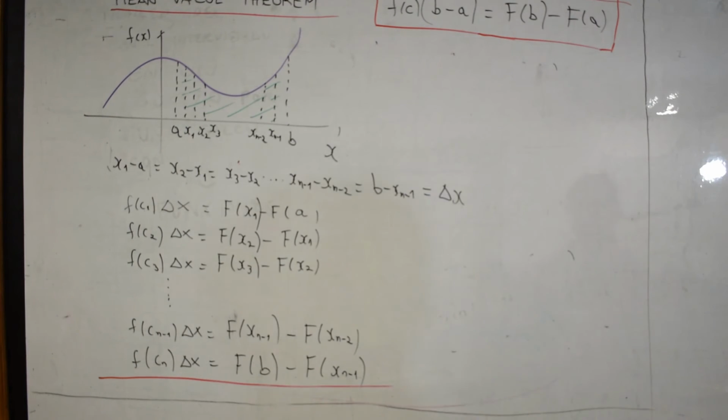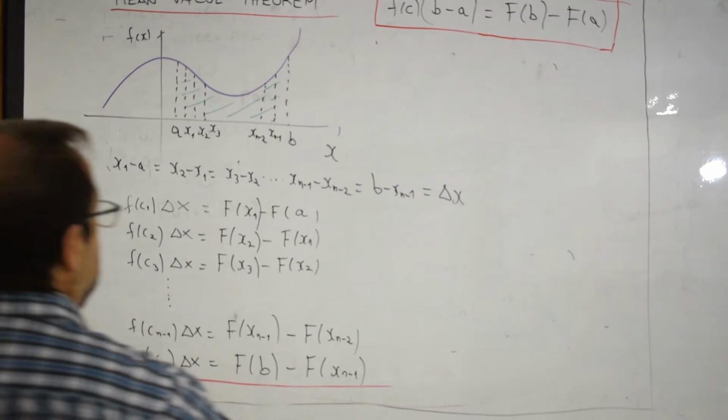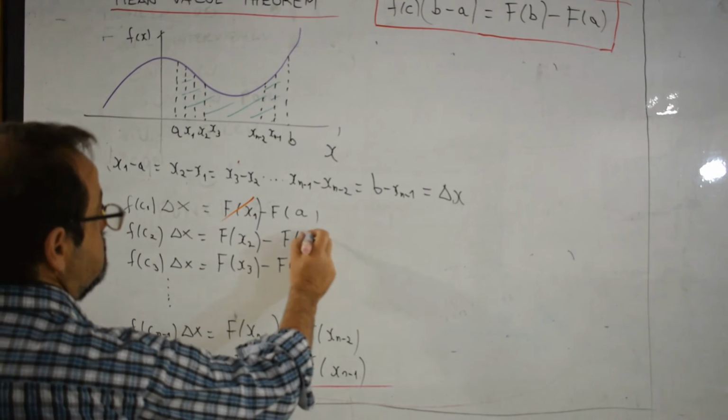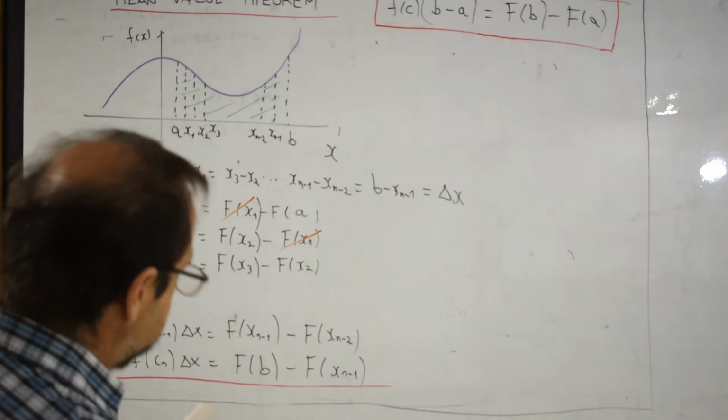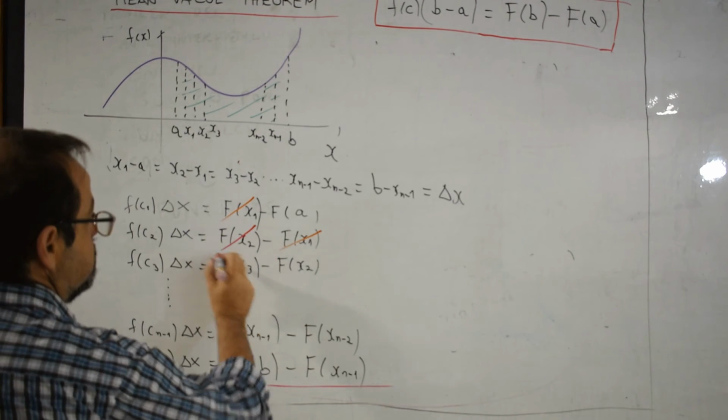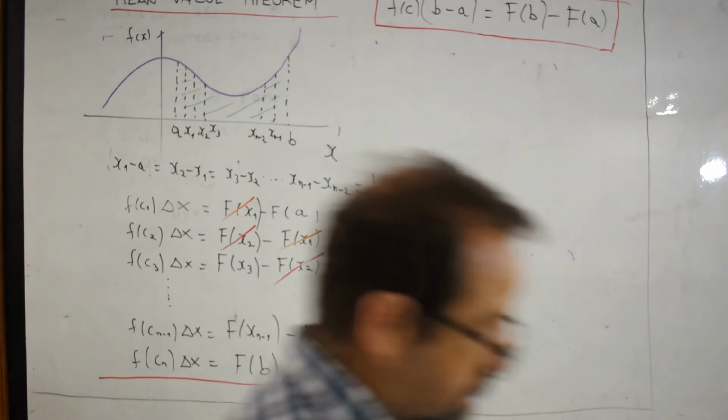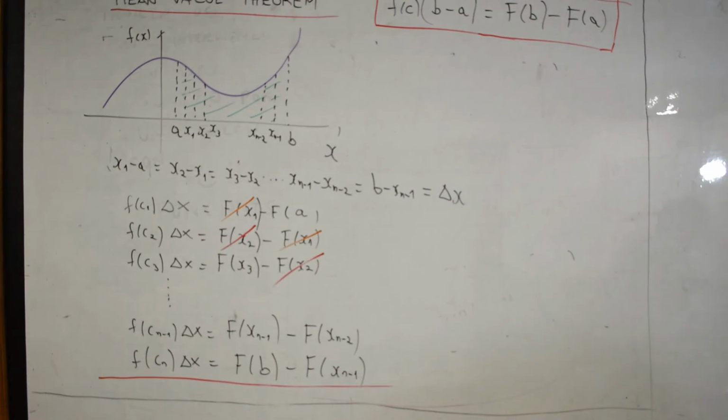For instance, this is F of x1, this is minus, this is plus, and it cancels with this one, and so on.